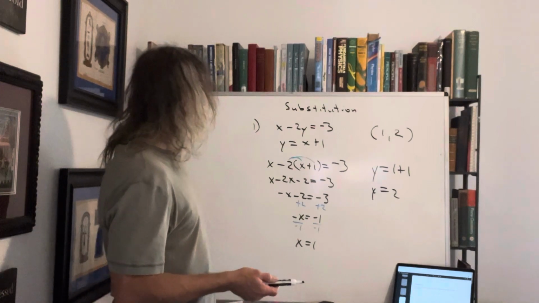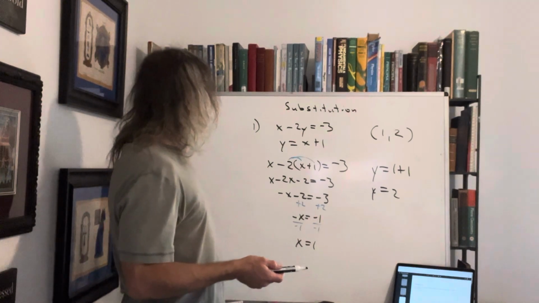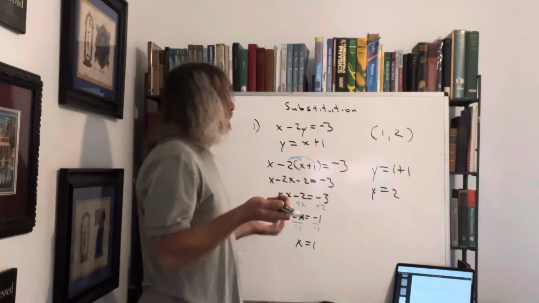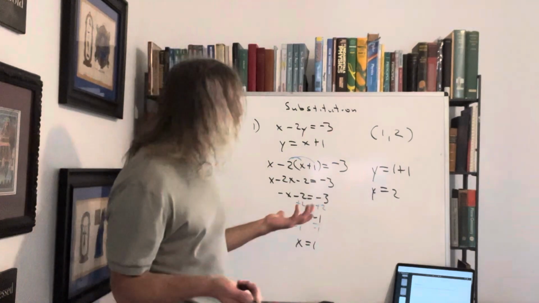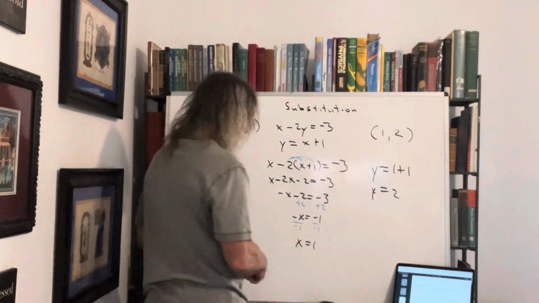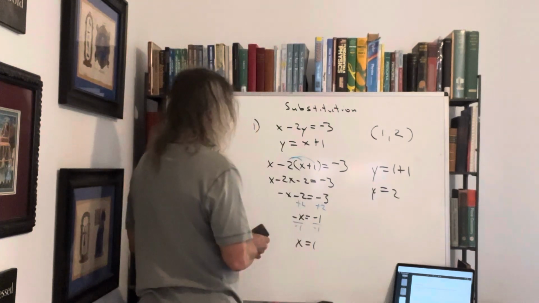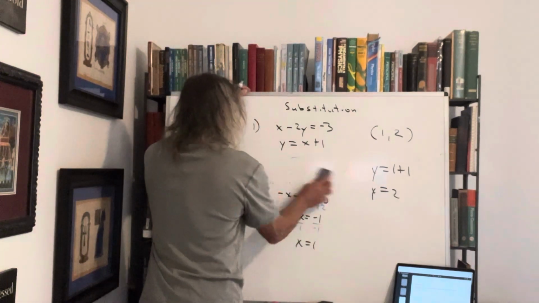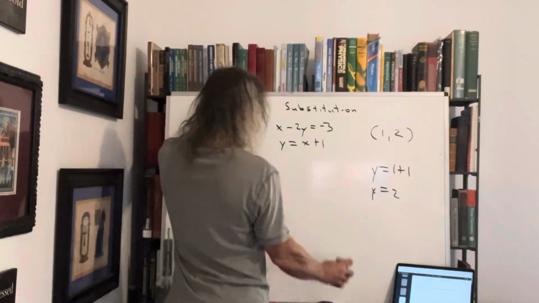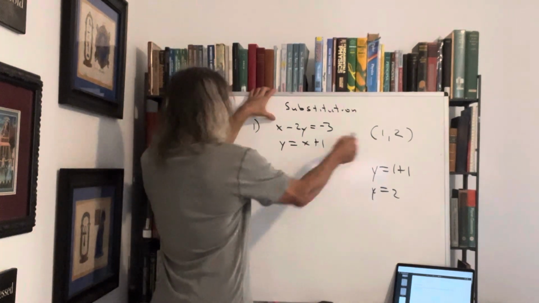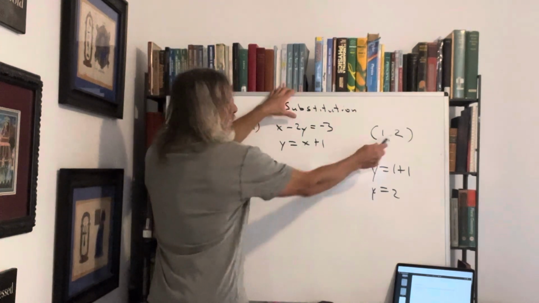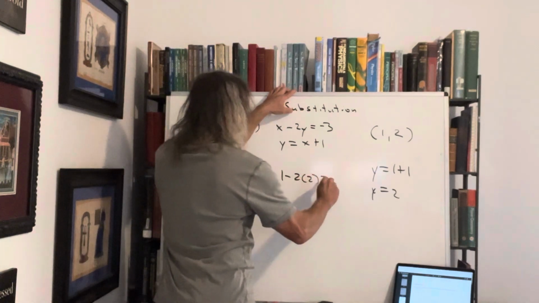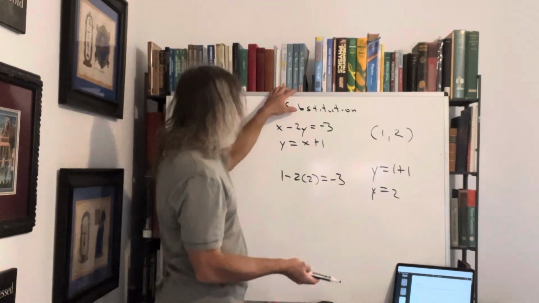Then you can make sure it works. We already know it works here because we put it in and that's how we got our 2. But if we tried this one, you can stop the video and replay if you need to get notes. If we put 1 in for x, 2 in for y, we want to see if they're equal.